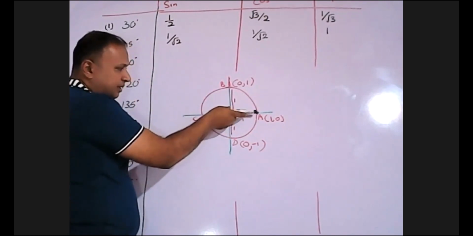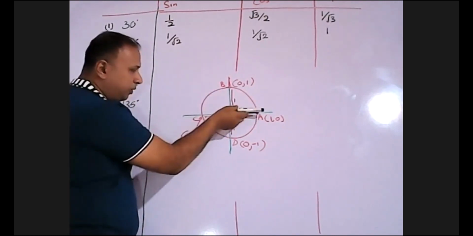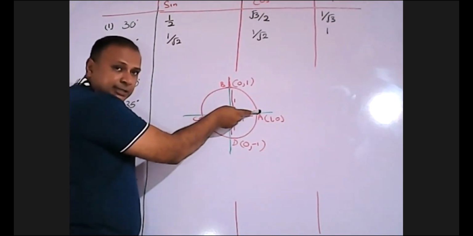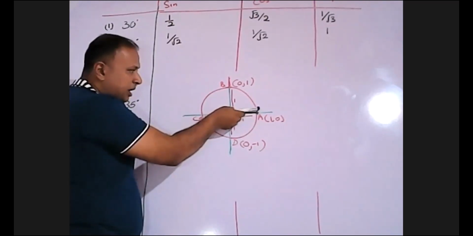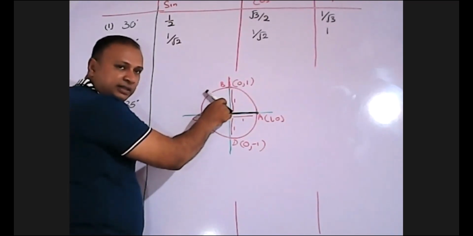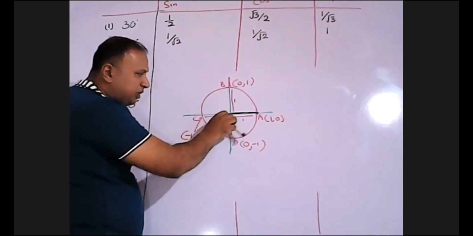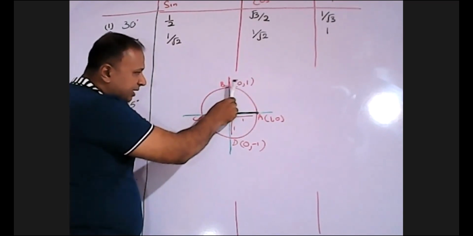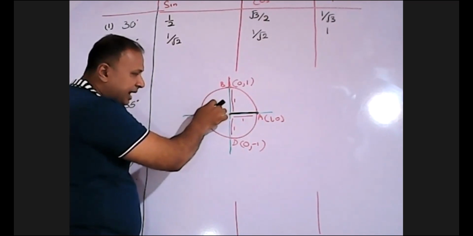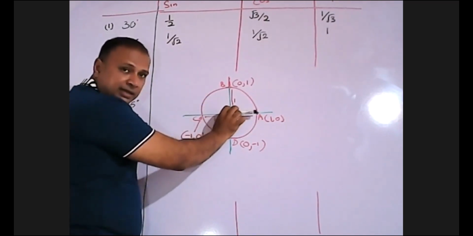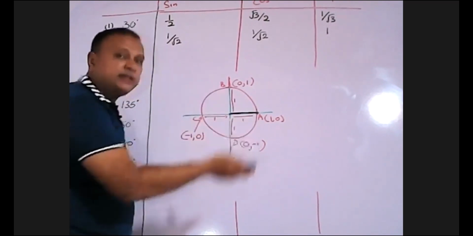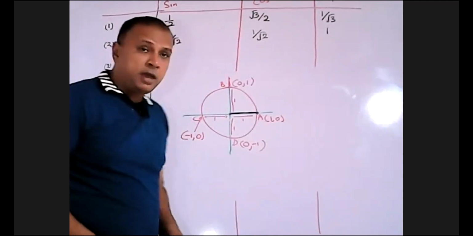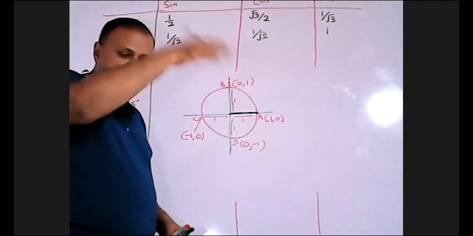Suppose this is a rod. If this rod is on the x-axis, there is no angle. If I rotate it and come back to this point, the angle is 360. Again I rotate and come to this point, and the rotated angle is 720. Likewise, we can proceed with the rotation.